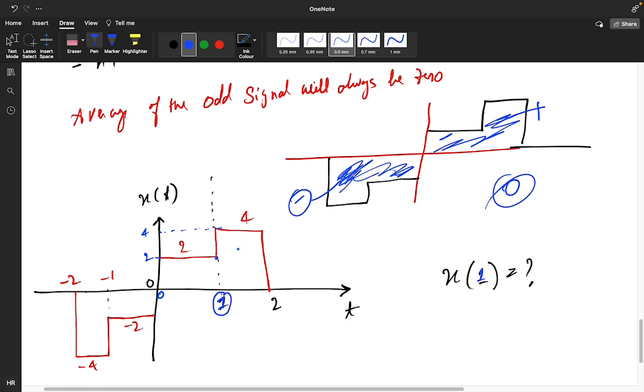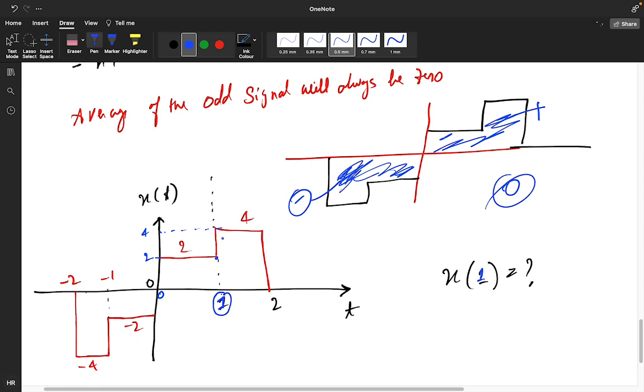Is it 2 or 4? Neither will it be 2 nor will it be 4.